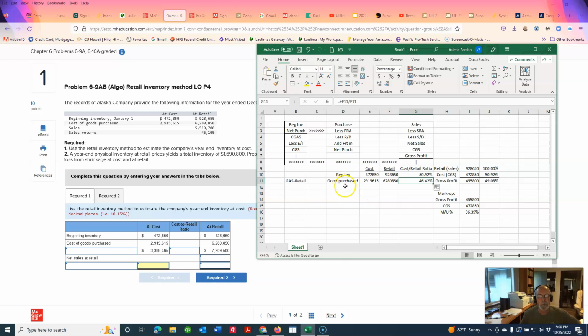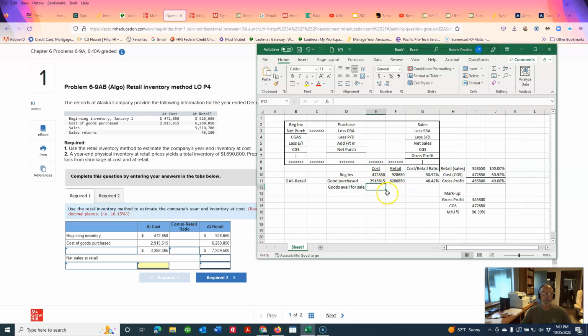So our beginning inventory plus goods purchased gives us goods available for sale, and so our goods available for sale will be calculated by adding the beginning inventory plus our goods purchased at cost and also at retail.